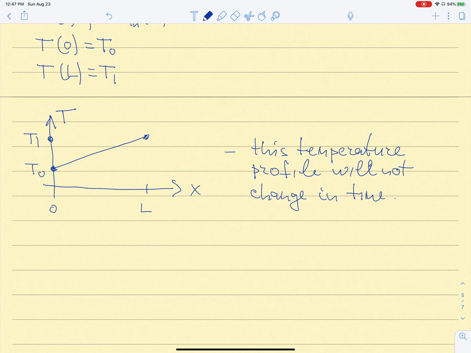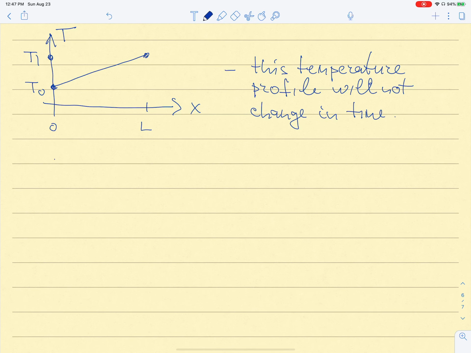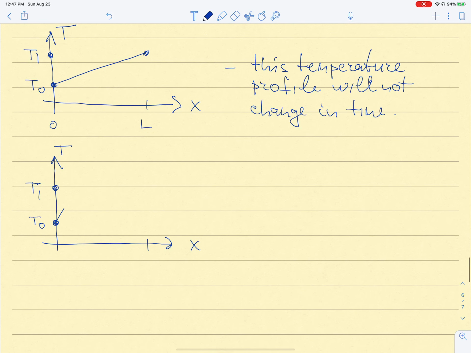On the other hand, if we have a picture like this, so X, L, T0, and then T1, and we had maybe a temperature profile that looks like so, then in this case, you would expect that the temperature profile is going to change because obviously the temperature is low here, but it's higher everywhere nearby.